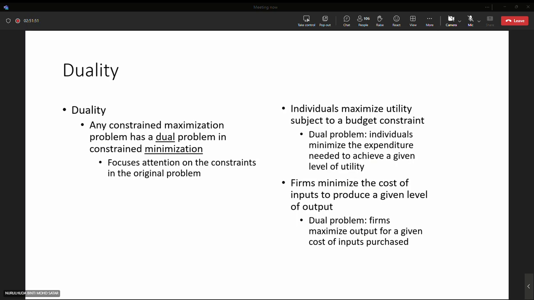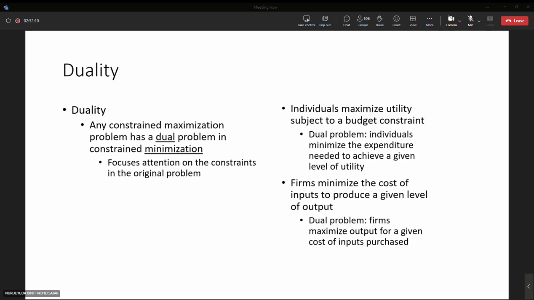If you're looking at the firm optimization problem, we have profit maximization, and the dual is the cost minimization problem. We'll look at that maybe next week.